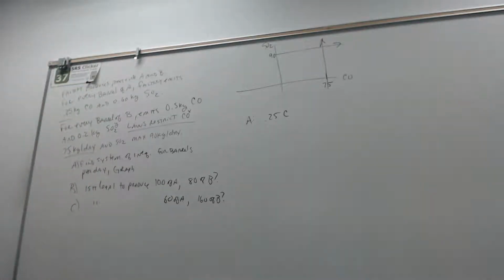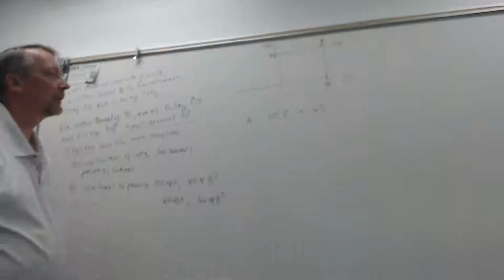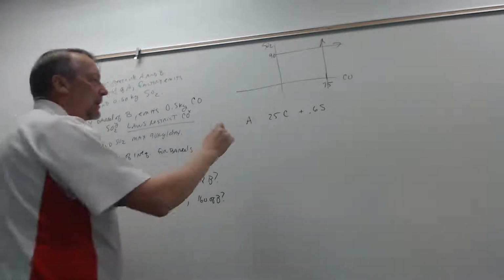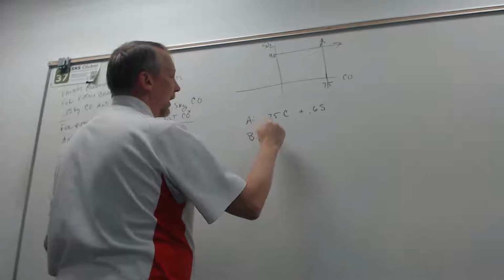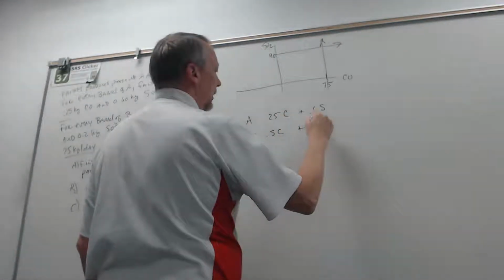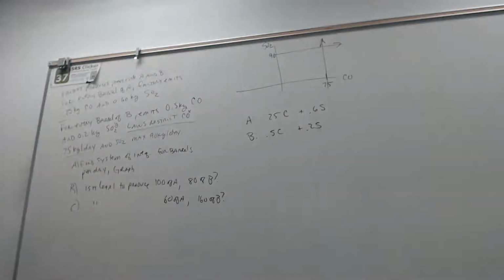I'm going to put C for carbon dioxide, plus 0.6 times the sulfur dioxide, S. And then B is 0.5C plus 0.2S. And that has to be within those boxes, right?